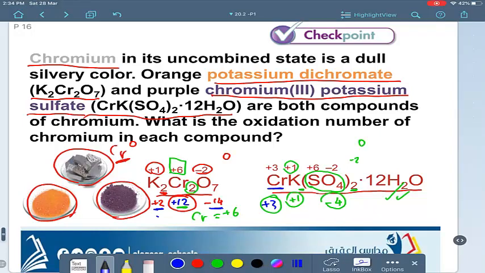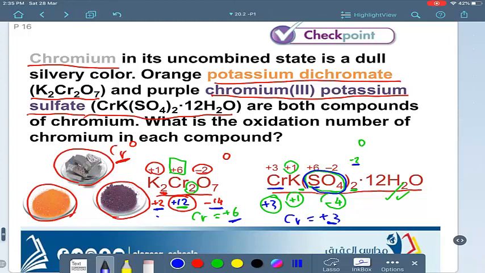If you want to calculate sulfur, for example, now we got chromium, which is positive 3. Chromium equals positive 3, not positive 6 like this. Positive 3 for this example. But if you want to calculate sulfur, it's easy. Look, this polyatomic sulfate is negative 2.